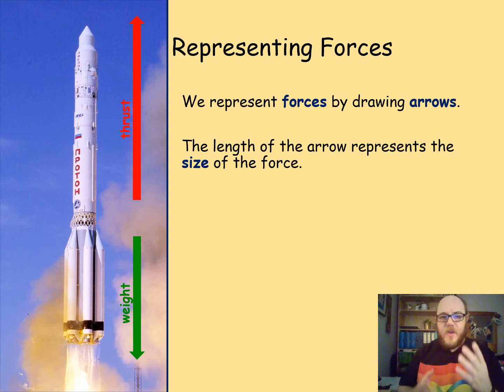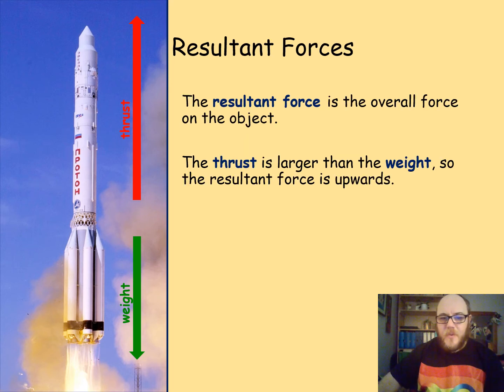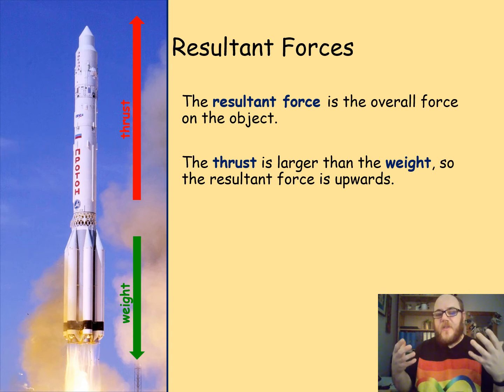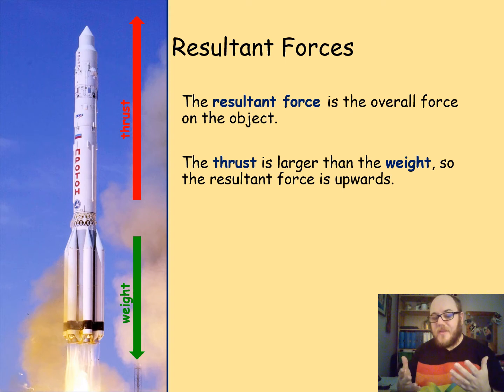But if you have a look at those arrows, the weight is not as large as the thrust, which means there is an overall force, a resultant force. And this is due to the fact that the thrust is larger than the weight. So we have a resultant force going upwards, and we represent that with a third arrow.